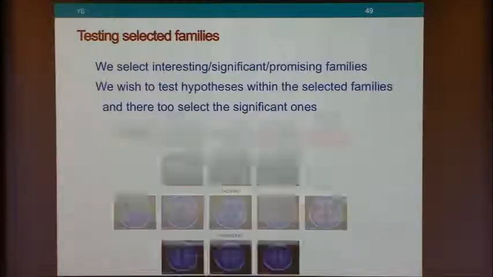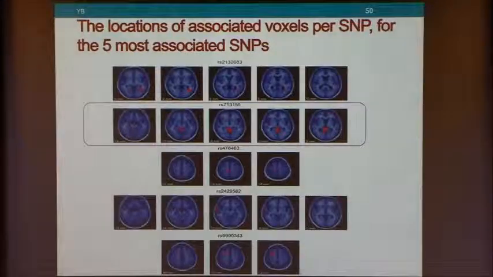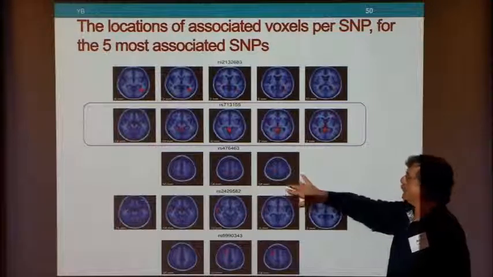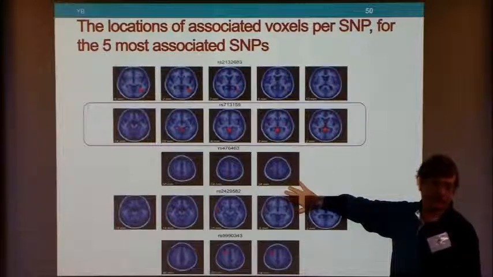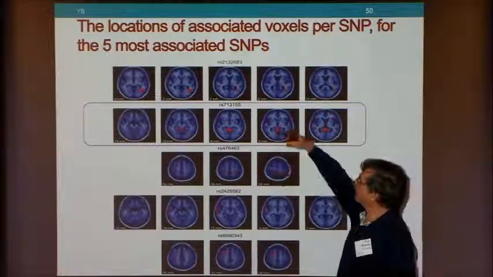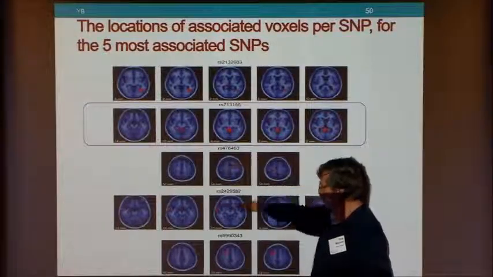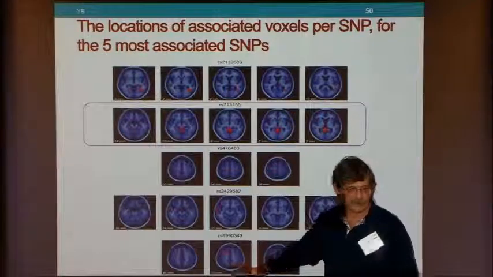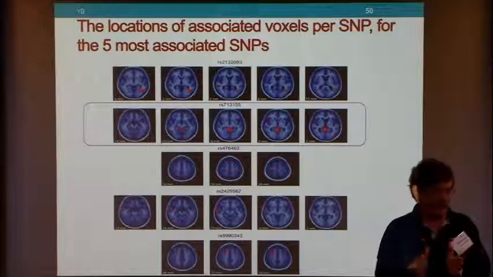I will immediately go to the ones I presented here. The researchers didn't do the analysis this way, but the way they presented the results, they defined their own families. This is a family of families. They first selected the 5 top genes. They weren't significant, but they selected 5 top genes. So they looked at the genes as a big family, and they selected only 5.